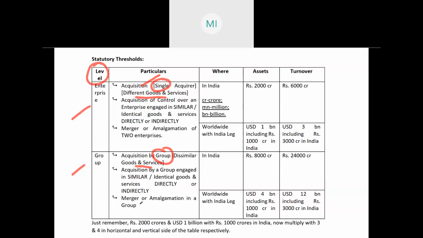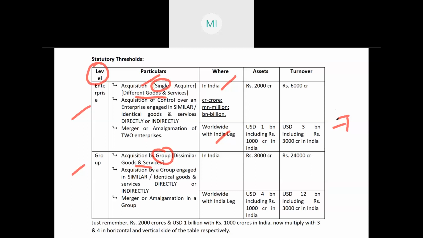We have to check where it is happening, whether in India or worldwide along with India. So you can think of Flipkart, when it was acquired by Walmart, it was not only an impact in India, but there was a worldwide impact also.